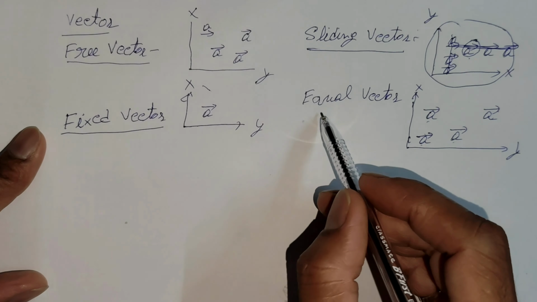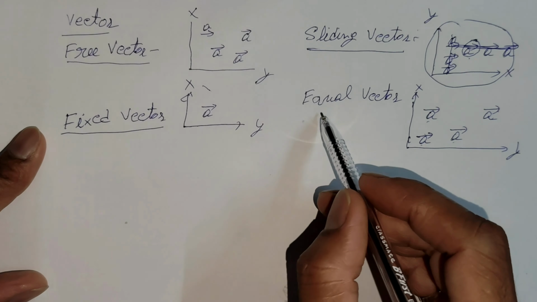Two forces are acting at two points of the cantilever. If this line of action and this line of action are in the same direction, then this is called an equivalent vector.